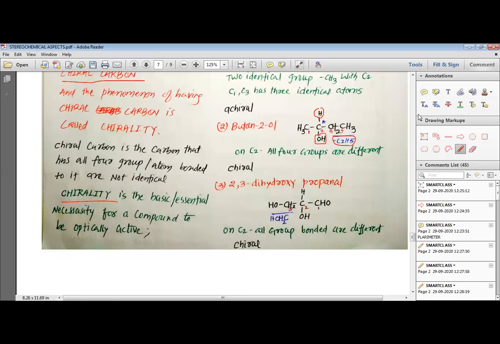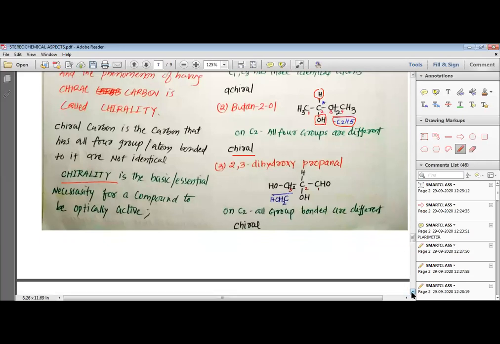It simply shows that all four groups bonded to carbon 2 are not identical, and that is why we can say that butane-2-ol is a chiral compound.